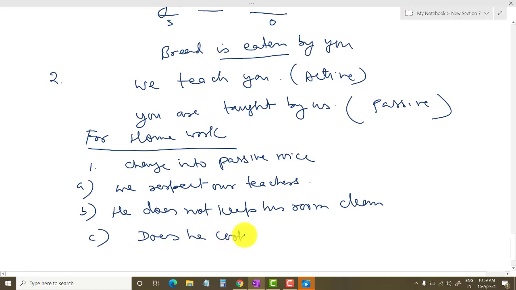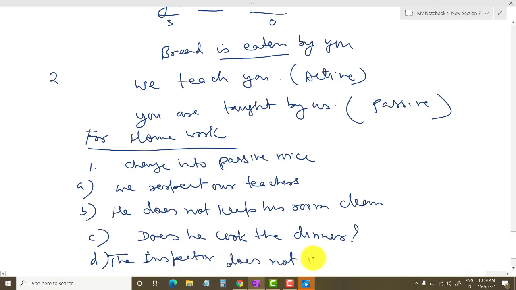D. The inspector does not investigate the murder.